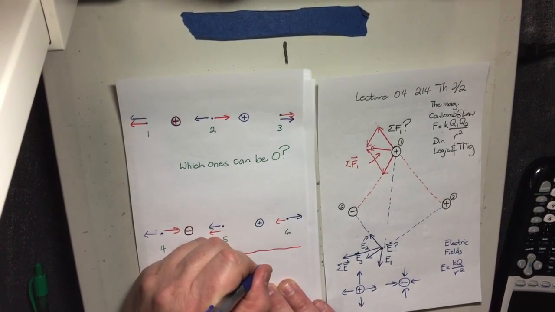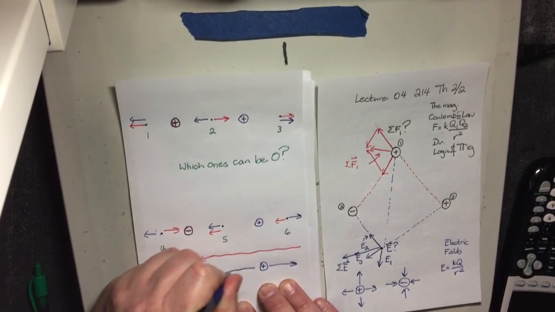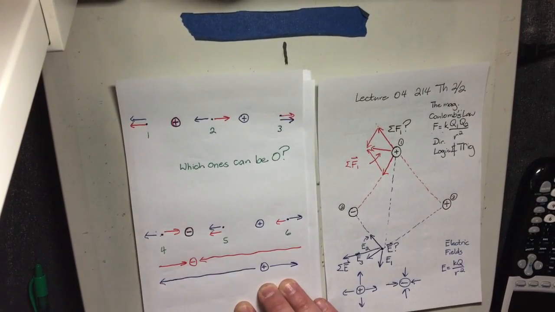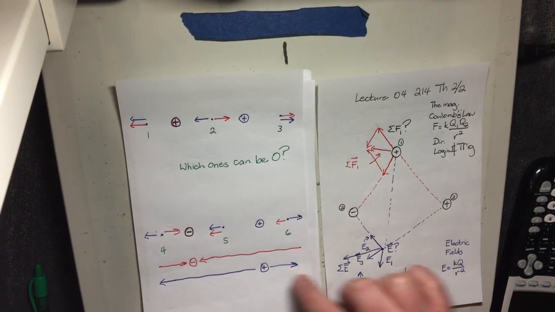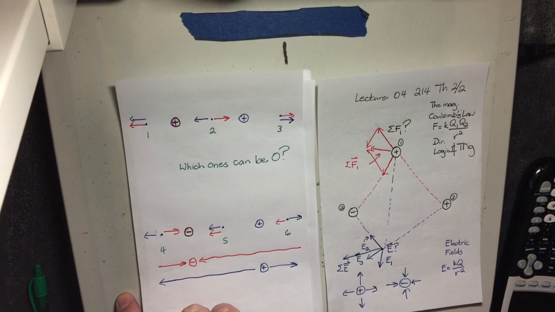For this positive charge over here, it radiates outward. So at this point, to the right. At that point, to the left. At that point, to the left. It does apply for all the points because the electric field line for a charge goes on effectively forever.